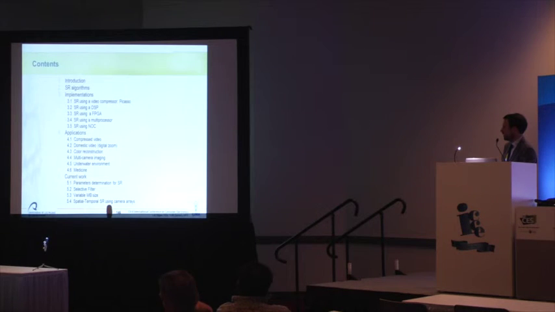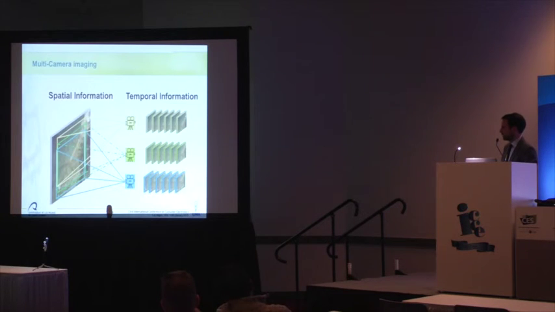And finally, we are entering the most novel solution that we are applying. First of all, I will talk about multi-camera imaging. Till now, we have talked about temporal information. We are getting more information using forward and backward frames.